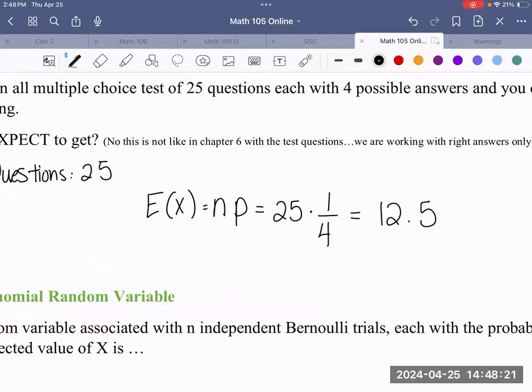Now, can we actually get a 0.5? It's up for debate. But again, this is the average score we would get on a 25 question test, all with multiple choice of 4 answers.